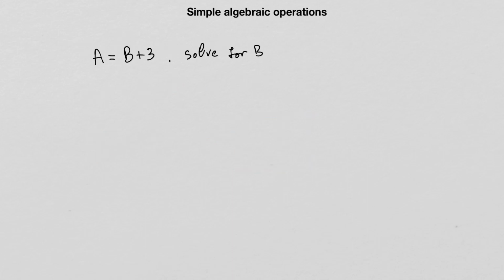All right, so now let's look at a different type of relationship, one in which we have addition. So A is equal to B plus 3, and I want to find what B is equal to. So I must isolate B on the right-hand side here, leave it alone, and move the 3 to the left-hand side where A is.